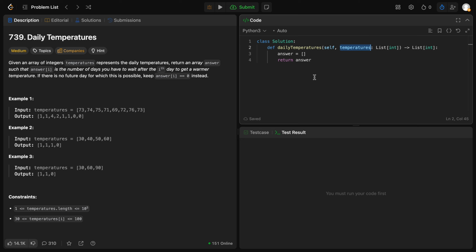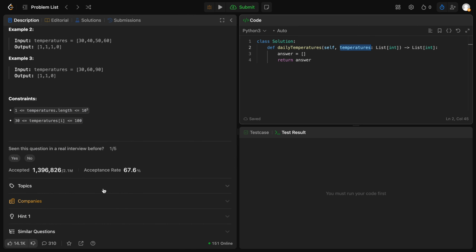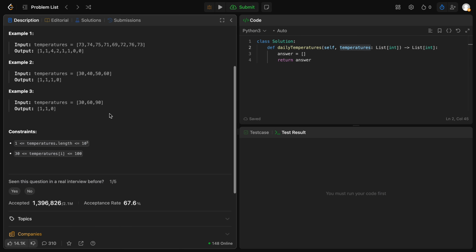Those are some clarifying questions I would have for the interviewer. I'm the interviewee. So, length of 1 is the minimum. And temperatures, oh yeah, I did ask that. It can't be negative, but it's 30 to 100. Cool. All right.